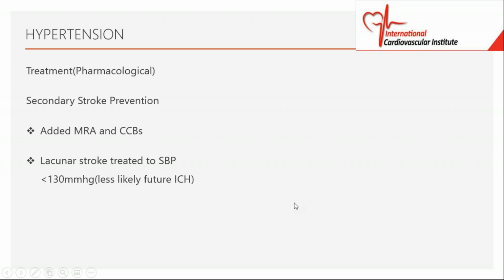So in addition to the first line medicines we just mentioned, you can add a mineralocorticoid antagonist, something like spironolactone or eplerenone, or a calcium channel blocker. Okay. If the patient had a lacunar stroke or lacunar infarct, you can treat the systolic blood pressure to less than 130. Okay.